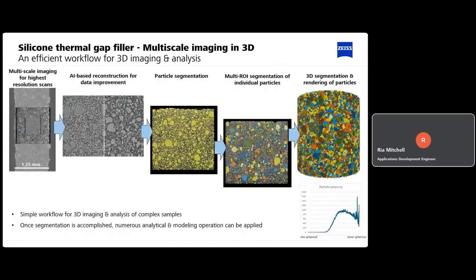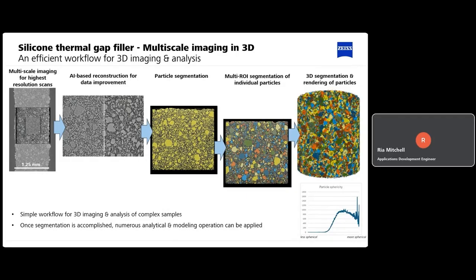Just to show the workflow for the thermal gap filler, this is what it looks like, including some of the particle analysis. We're able to collect multi-scale scans in 3D. We can do some AI-based reconstruction to improve the data and enhance it as much as we possibly can. We can then perform 3D particle segmentation.